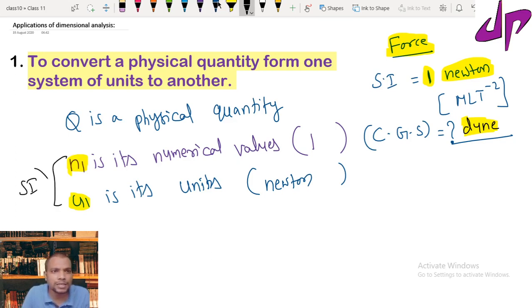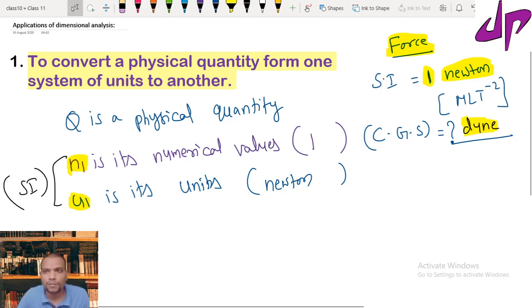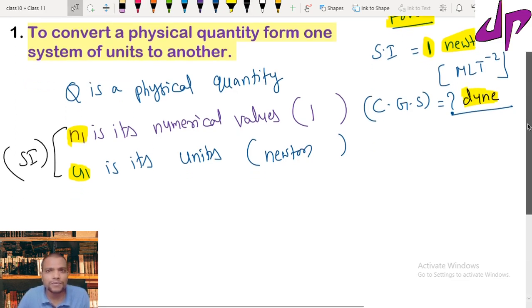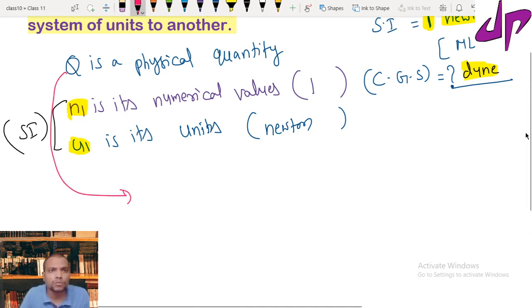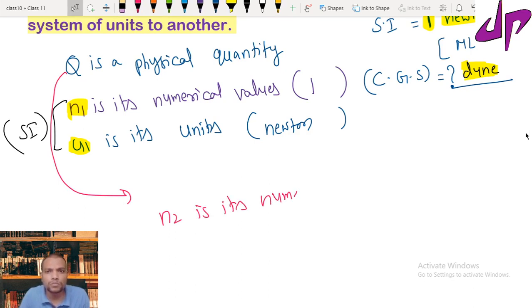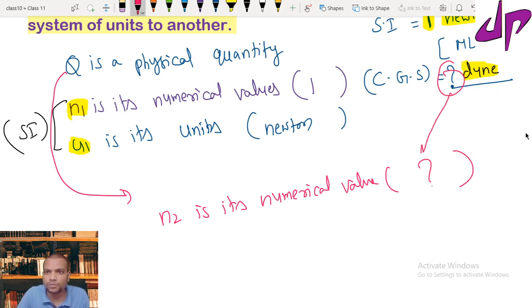Now for the same physical quantity Q, if N2 is its numerical value in another system of units, I don't know in this case how much it is, and I want to figure it out.